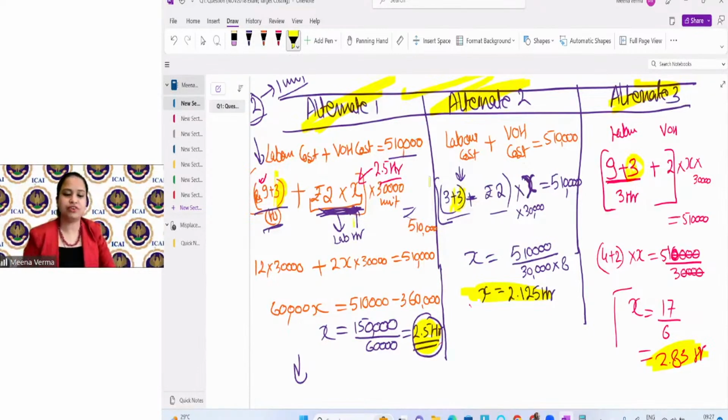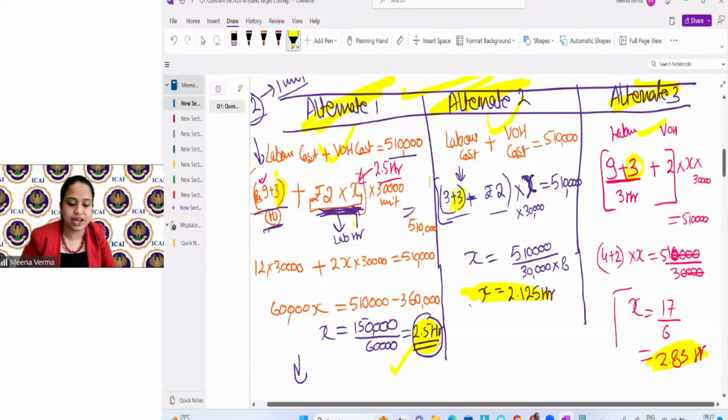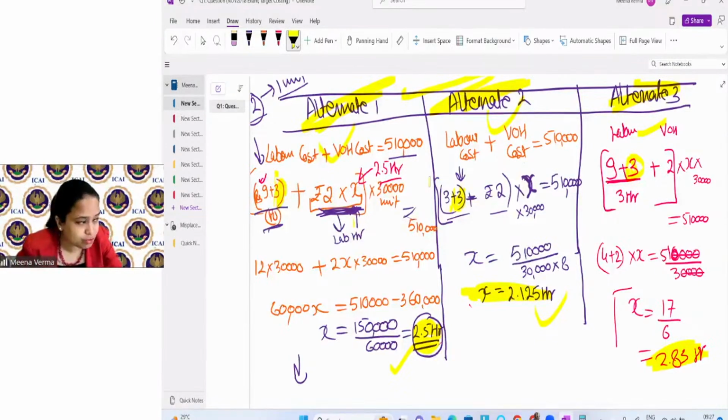So it will be either 2.5 rupees per hour, or 2.125 rupees per hour, or 2.83 rupees per hour, based on the assumption we have taken.